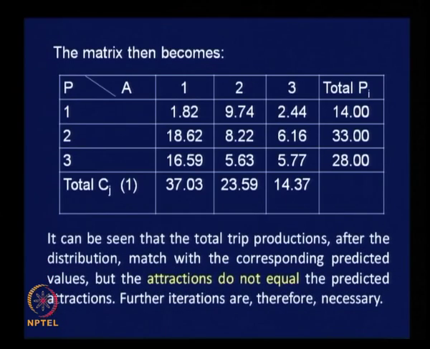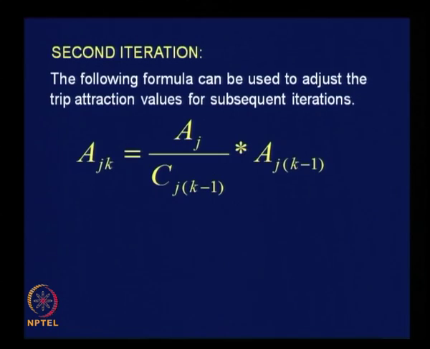For that purpose, this is what we discussed, there is no need to repeat again, we discussed some correction procedure to calculate an attraction value which can be used for the subsequent iteration.